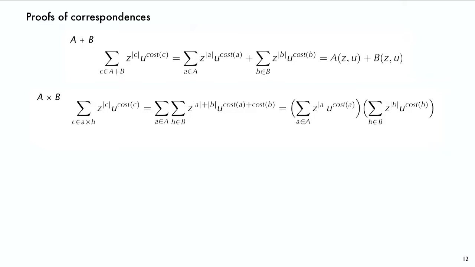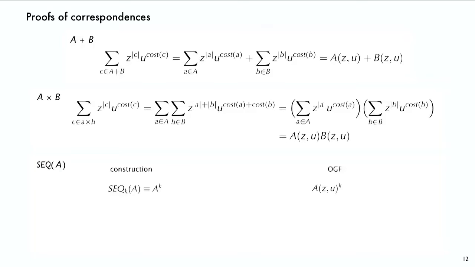For Cartesian product, since there are pairs of objects, we have a double sum, and those sums are independent, so we can rearrange terms to simply get the product again, just as before.